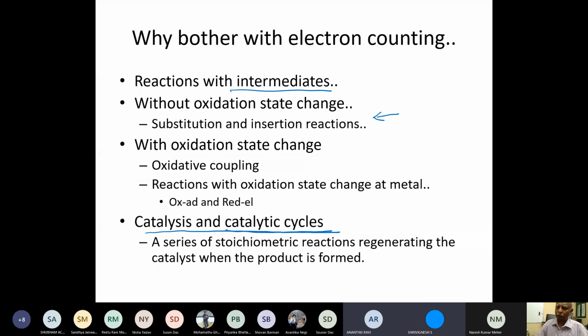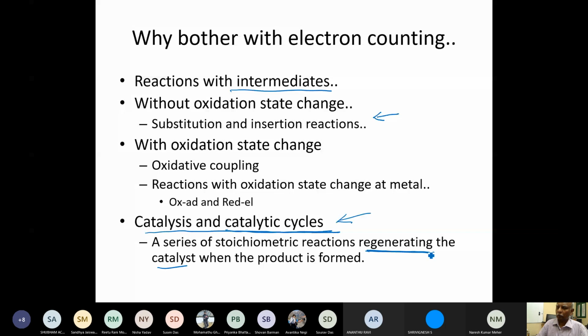Okay. So, after that, I only told you that for any catalytic cycle, you would have to write the intermediates, and it is helpful to do the electron counting for each of the intermediates so that you know whether the intermediate is going to be reasonably stable or not. And usually in a catalytic cycle, the catalyst is regenerated.